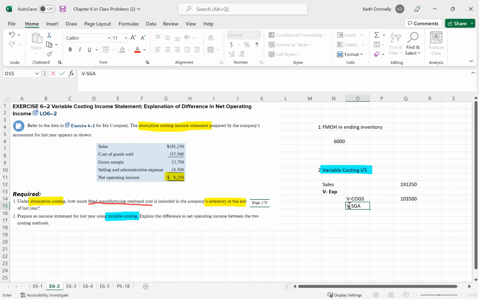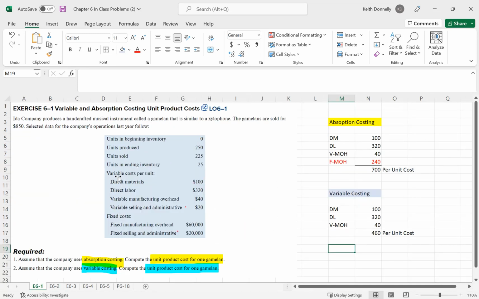Likewise, we're going to have variable selling and administrative expenses. Sometimes it's called SG&A, selling general administrative. In this case, if we refer back to 6.1, our variable costs, we have variable selling and administrative of $20 per unit.